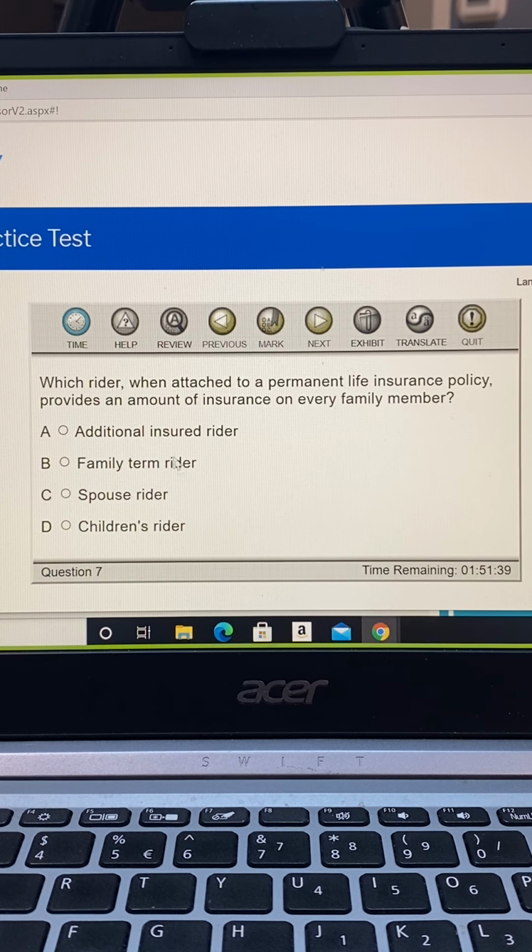Yeah, it could be, but I would go with the family term rider, because they're saying family members in the question. Yeah, those were the two I was looking at: family term and additional insured. An additional insured rider can add another person, but I think the family term rider covers every family member. Right.